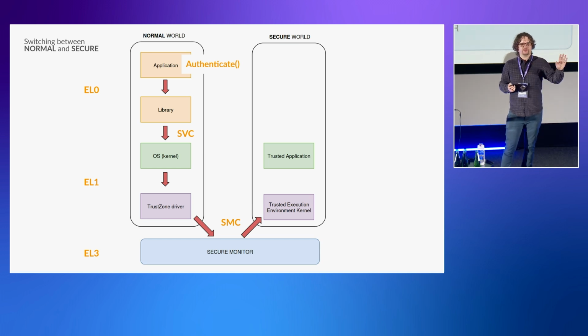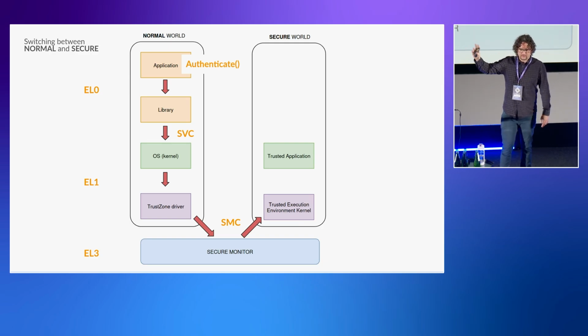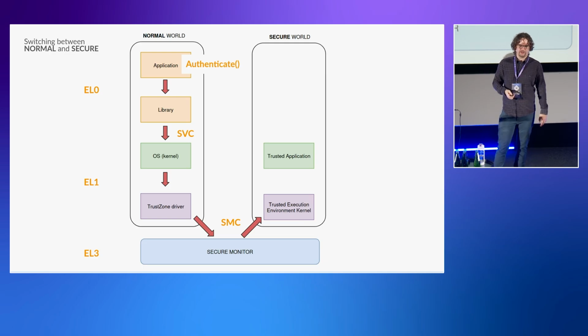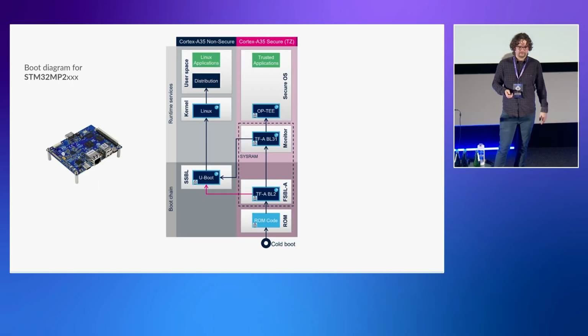We are entering the secure CPU state, and we can use the secure memory. Then our call to authenticate is handled by the trusted application, creating keys, deciphering, authenticating, and the response goes back to our application the same path, but in reverse. So this is the basics of switching between normal and the secure world.